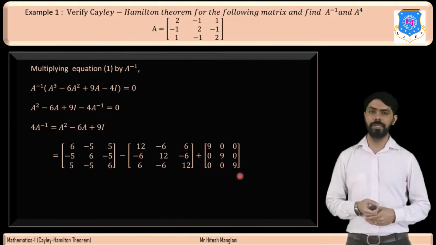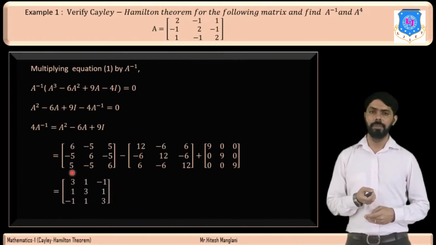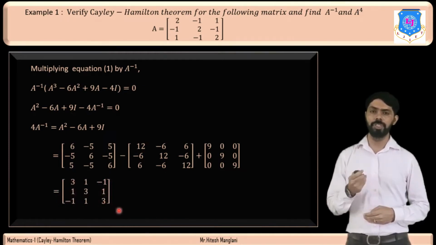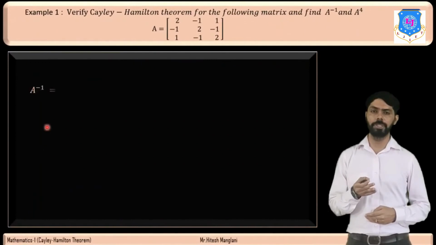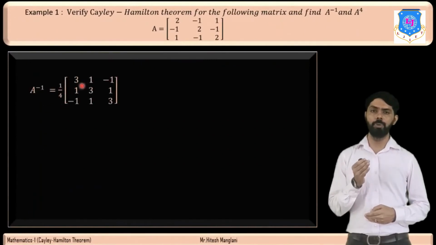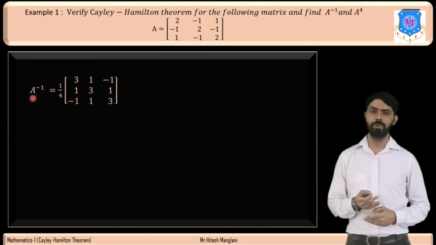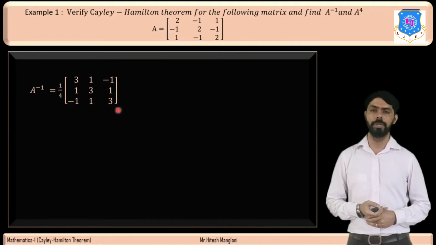Now if we simplify this, then the matrix will be [3 1 -1; 1 3 1; -1 1 3]. So this is 4A inverse, but here we will have to find A inverse. Therefore, A inverse is equal to 1 divided by 4 into [3 1 -1; 1 3 1; -1 1 3]. So this is the answer for A inverse.